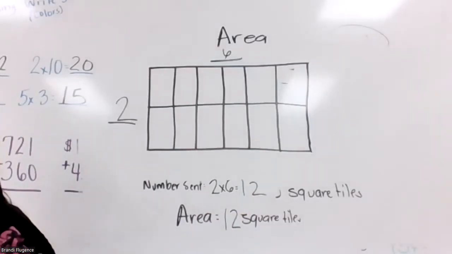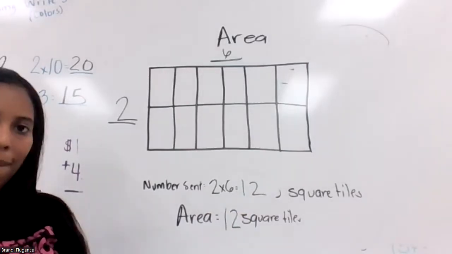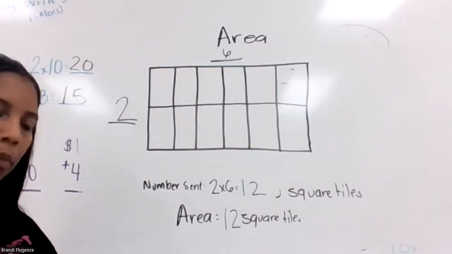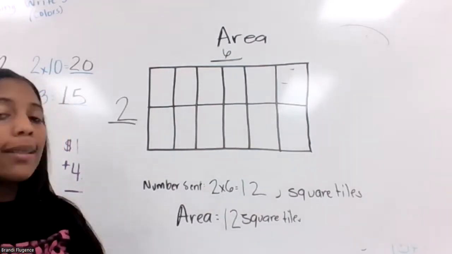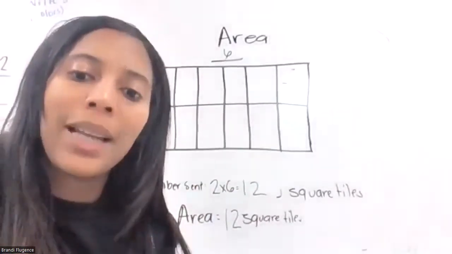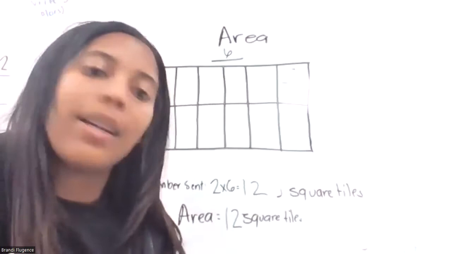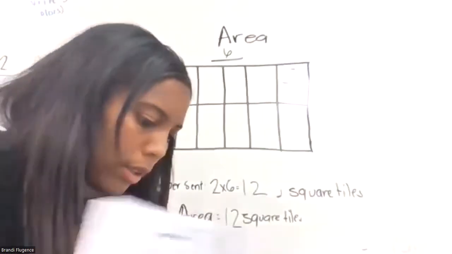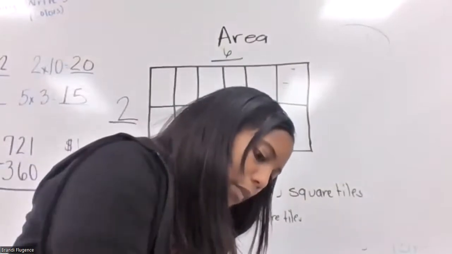Is that what you did, those who have completed it already? Yes. Awesome. So that's what the area is. It's the same thing as finding an array, but now we say it's area. It's basically how many square tiles are in the shape. That's all it is.